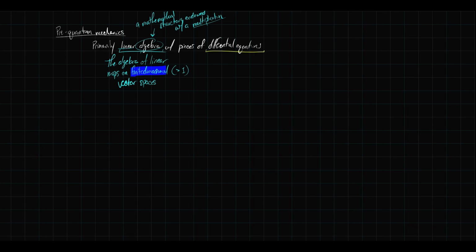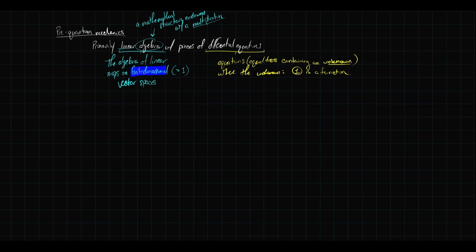Now, differential equations, let's describe what these are really quick, even though they're going to play a smaller role in our semester. Differential equations are equations, or an equation is really an equality containing an unknown, where the unknown, number one, is a function.